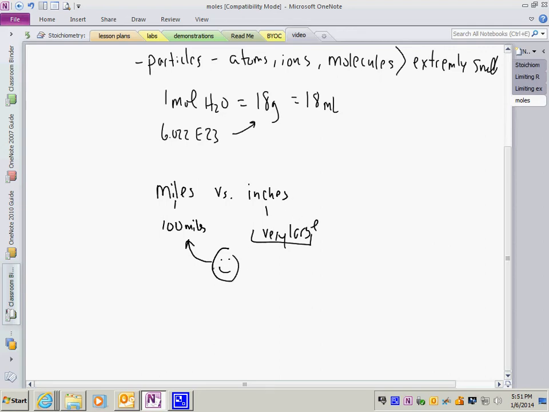So we can have a smaller number with a larger magnitude of unit than to have essentially a very, very large number we're dealing with. It means the same thing. They're the same equivalents. But our brains just happen to work best with numbers that are smaller, that we can visualize.